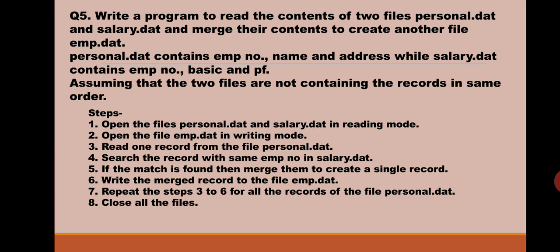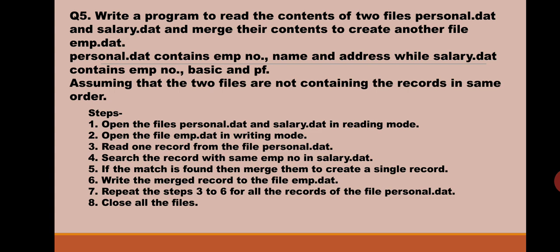So now the steps that will be taken to create this program. First of all, the files personal.dat and salary.dat, both of these files have to be opened in the reading mode. After that, the emp.dat file should be opened in the writing mode.